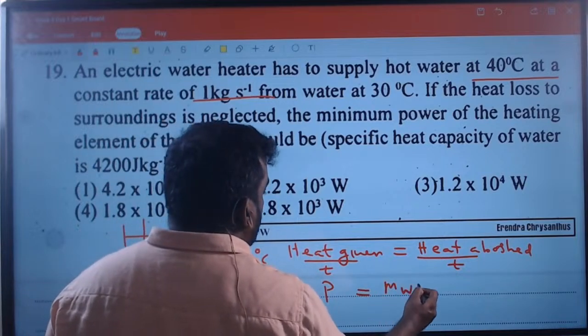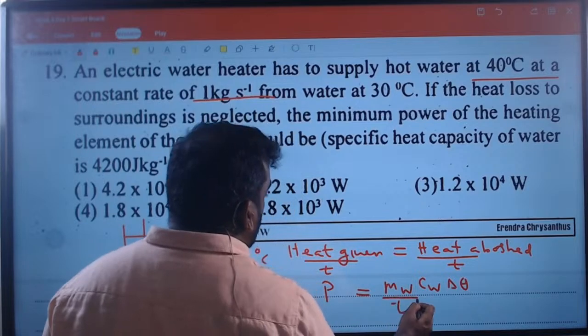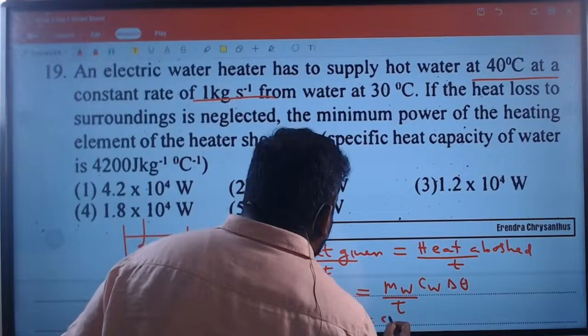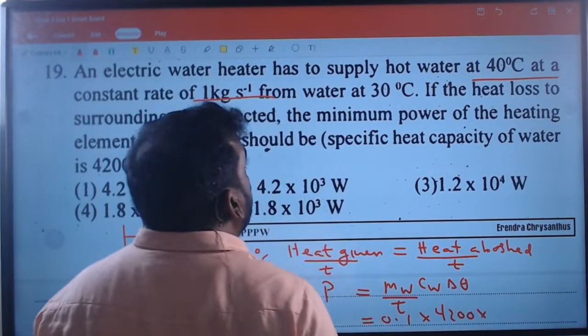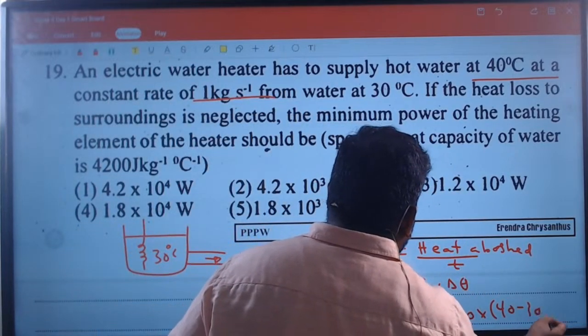Power equals mass of water, specific heat capacity of water, change in temperature of water over time. Mass of water here 0.1, 4200. Change in temperature 40 minus 30, 10.